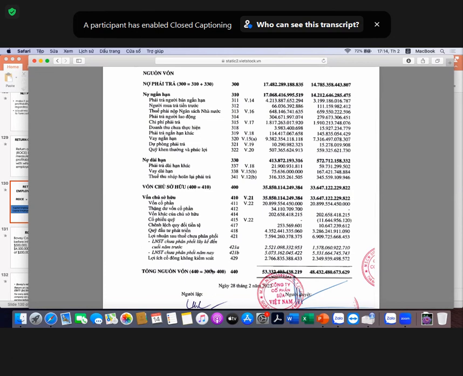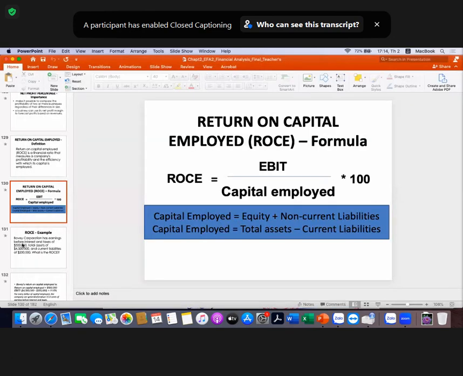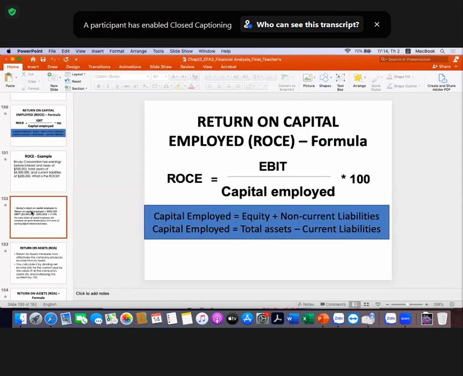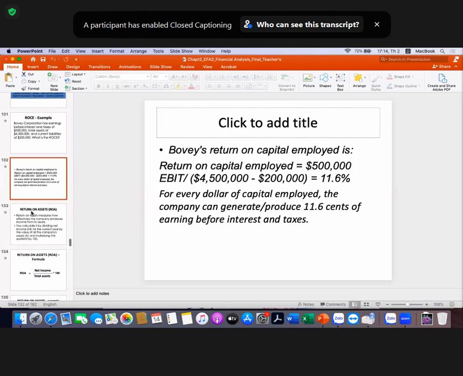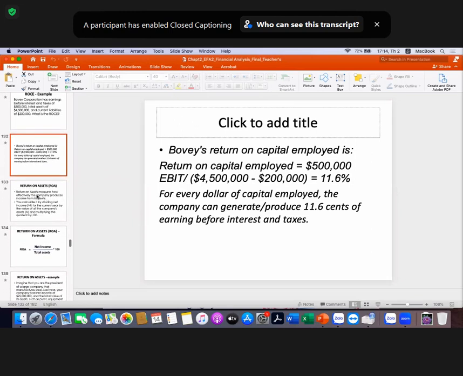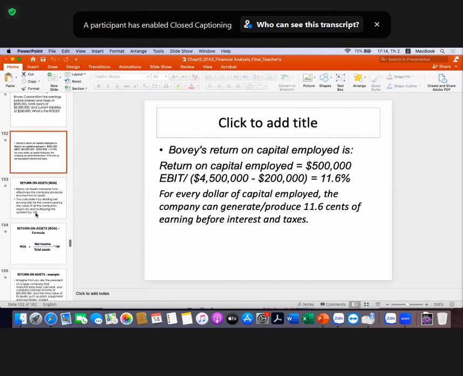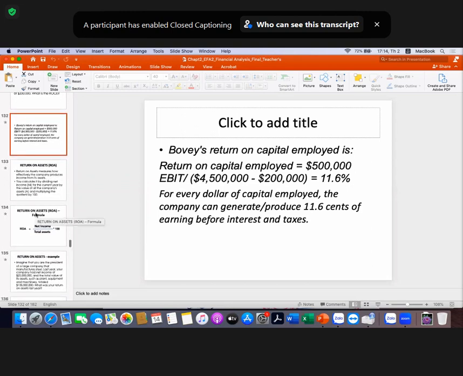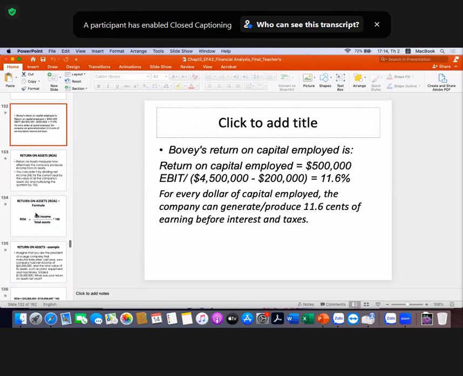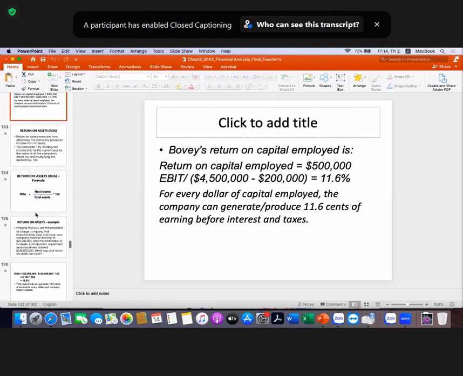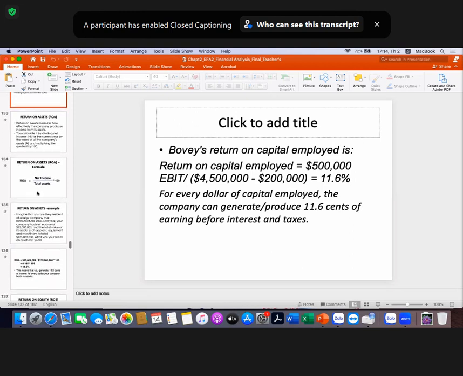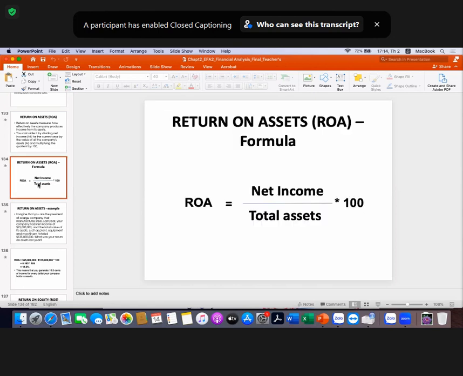Now come to the next. In other words, for every 100 đồng of capital employed, the company can generate 35.79 đồng. Okay. And next, return on assets.